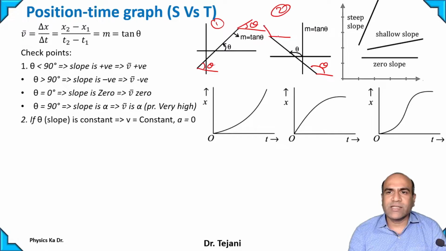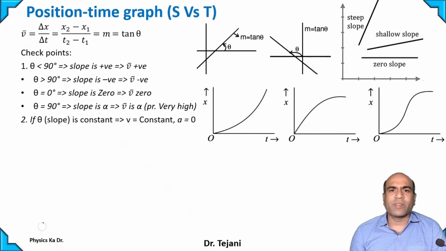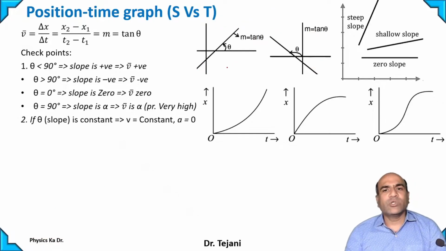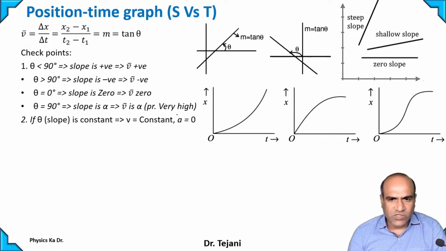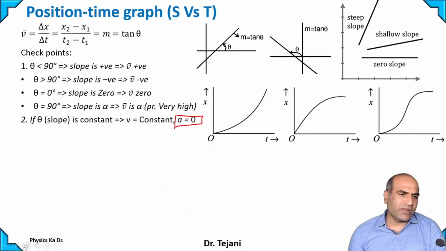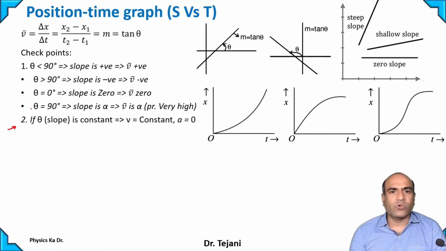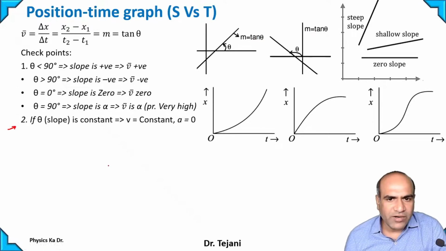If I just extend this line, this becomes theta. All thetas are equal. So for a straight line at an angle, it shows that velocity is constant, and if velocity is constant, acceleration is zero. So this is checkpoint number two.